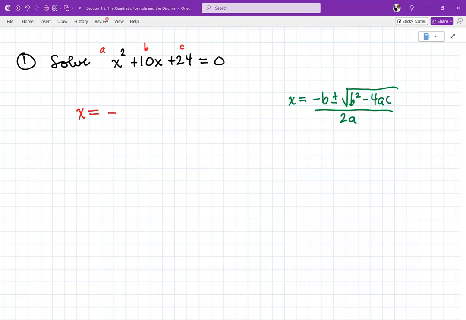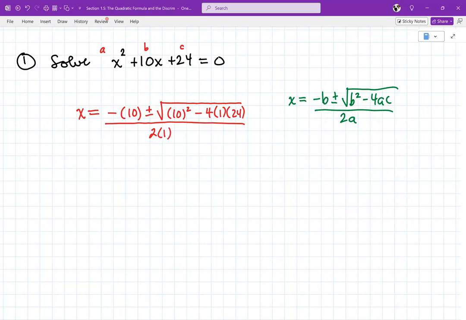x is equal to negative B. B is 10, so I'm going to put negative 10 plus or minus the square root of B squared, so that's 10 squared, minus 4 times A, which is 1, times C, which is 24, all divided by 2 times A, so that's 2 times 1.